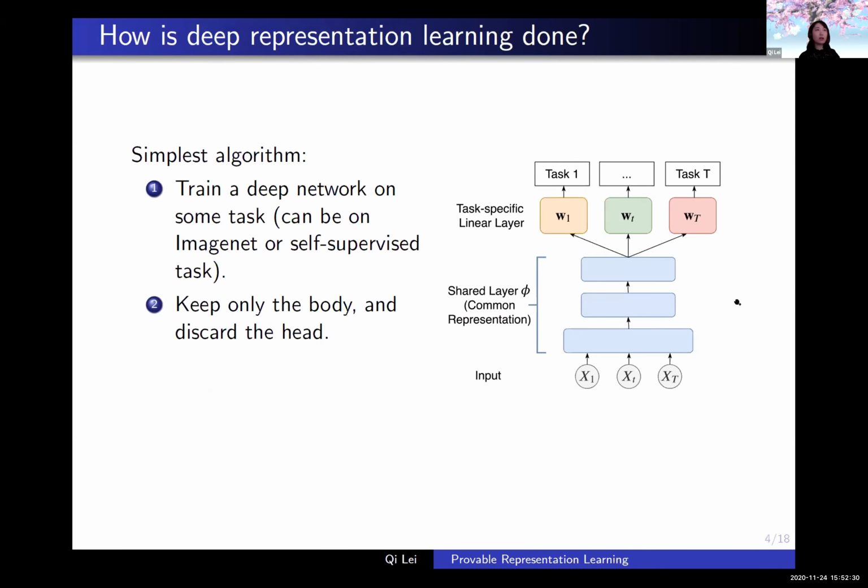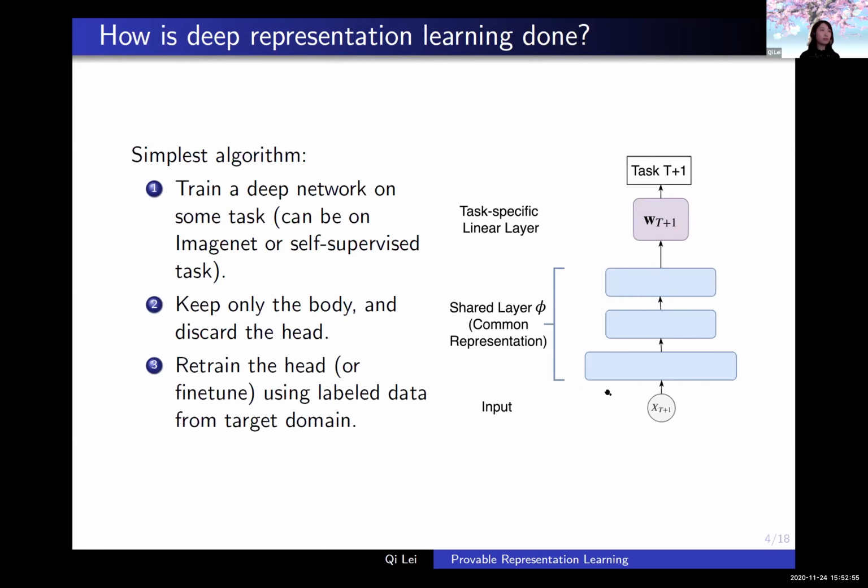In this talk, in order to give some theoretical guarantees, we need to abstract the problem. We are looking at this simple algorithm: take multiple data sets, multiple tasks, and feed them into the neural network. We assume that the first few layers are shared, followed by some task-specific linear layer.